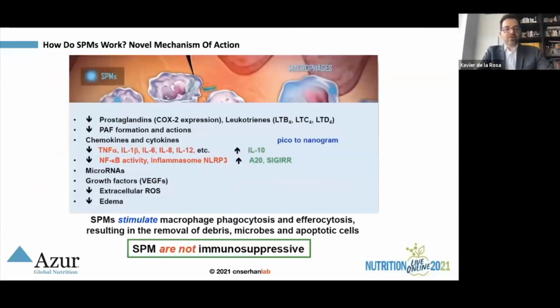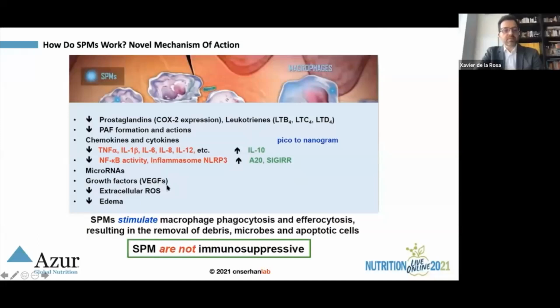These SPMs are known to counteract and regulate the early initiators of acute inflammation and the prostaglandins. They regulate COX-2 expression, leukotriene synthesis, chemokines, and cytokines. They also upregulate anti-inflammatory molecules like IL-10 and ultimately regulate edema as well.